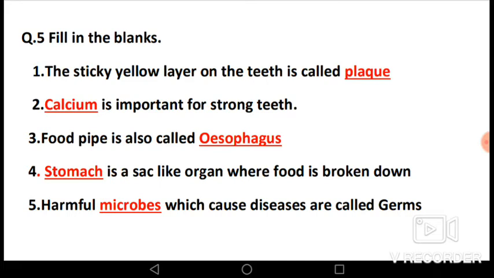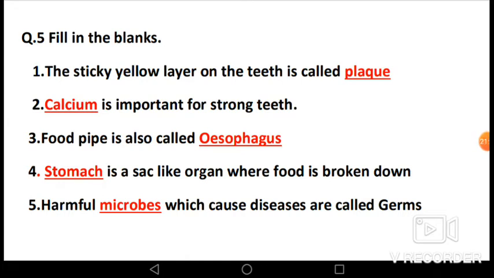The answer is calcium, because calcium is very important for strong teeth. Like milk and milk products such as curd and cheese will be helpful for making our teeth strong. Third, food pipe is also called dash.